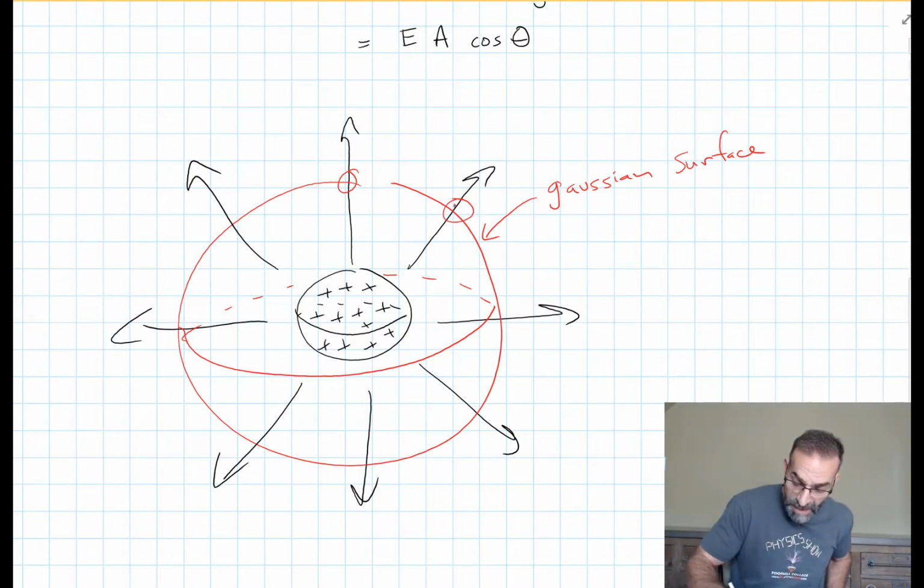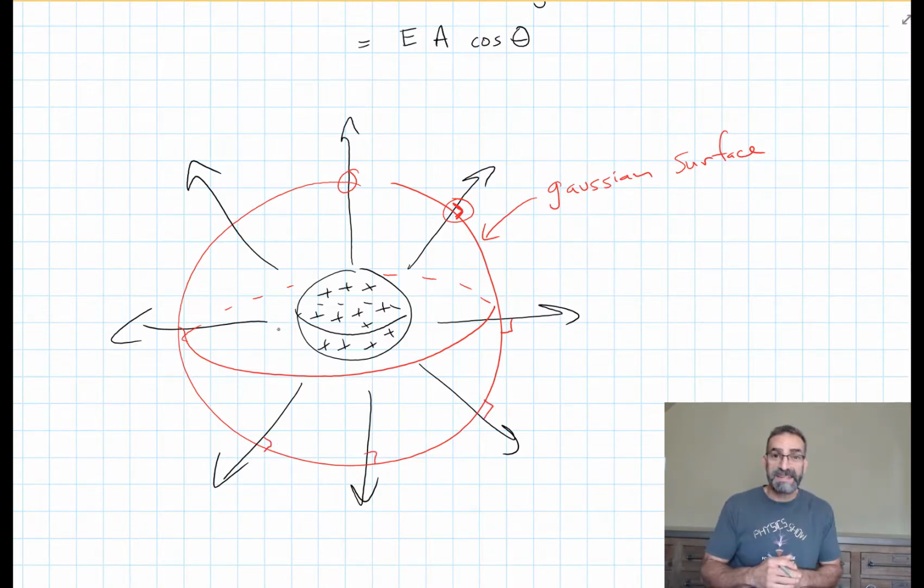The angle is the same everywhere. We have a normal 90-degree angle, 90-degree angle, 90-degree angle. Those angles are all the same. Every place theta is the same. It's 0 degrees. The angle between the normal to the surface and the electric field vector is 0 degrees. We want the angle between the normal and the electric field vector.